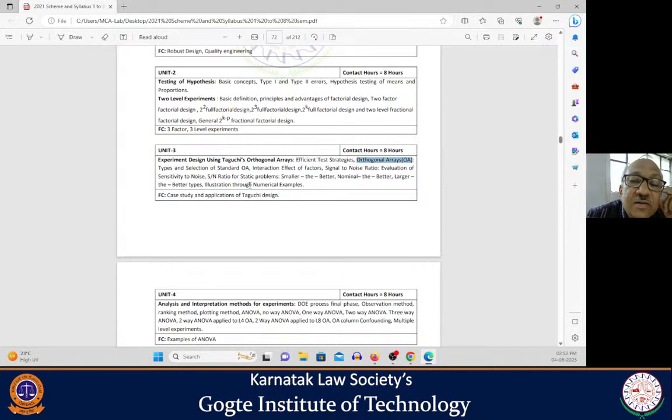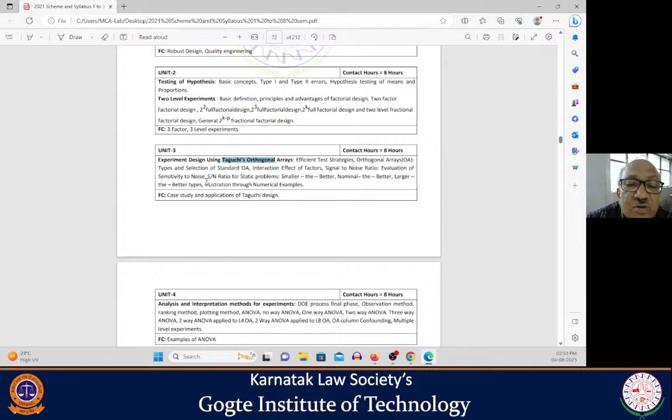The advantage of this method is that the number of experiments required is quite less. So in lesser time, with lesser effort and lesser expenses, results can be obtained. So this is about unit 3.